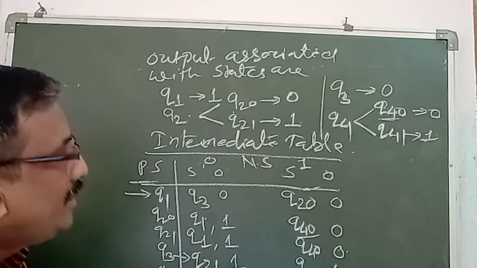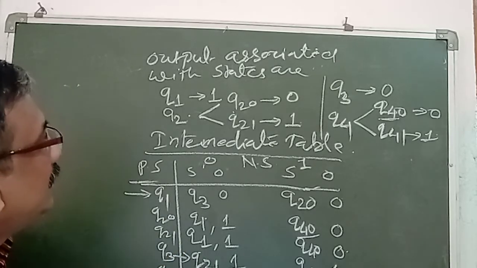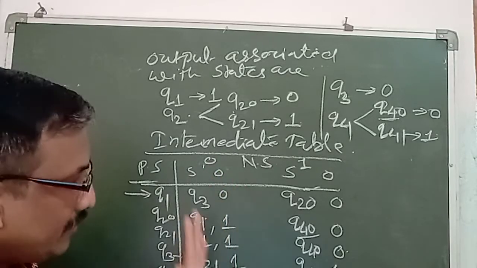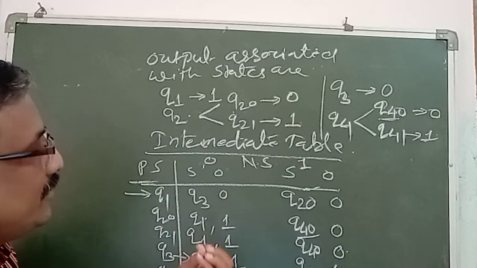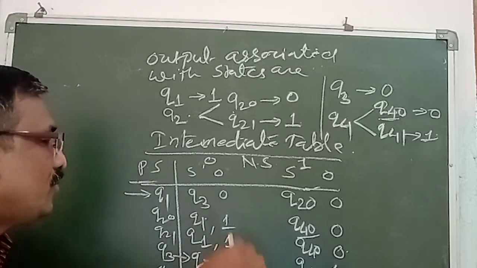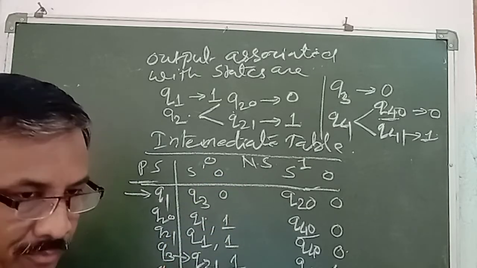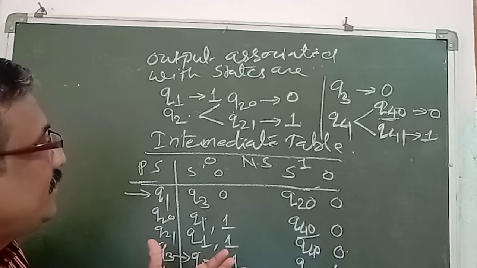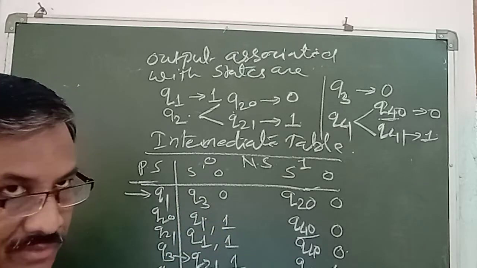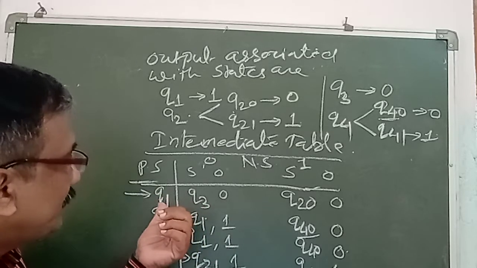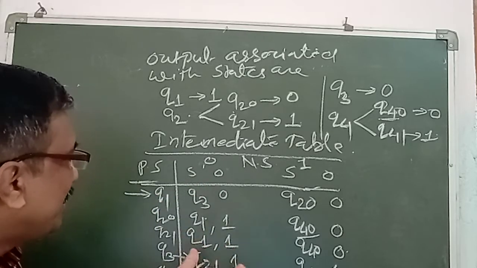This is the intermediate table. This is not exactly the Moore machine. Now we will convert this intermediate table into an equivalent Moore machine. An equivalent Moore machine is input independent, and it will show only one output associated with the individual state.